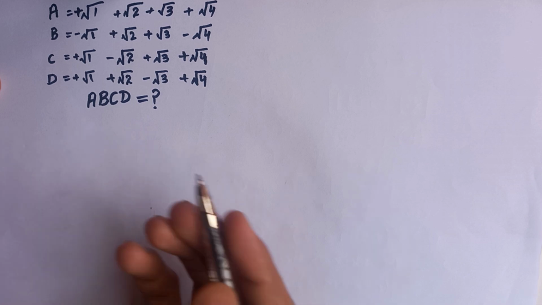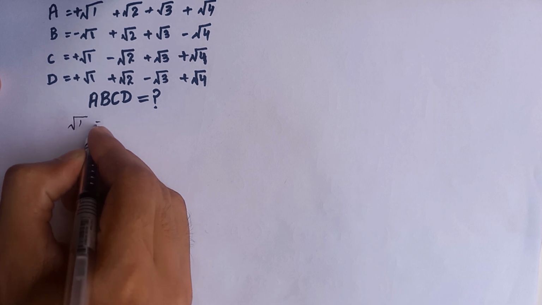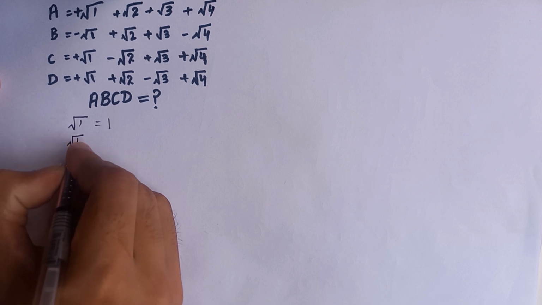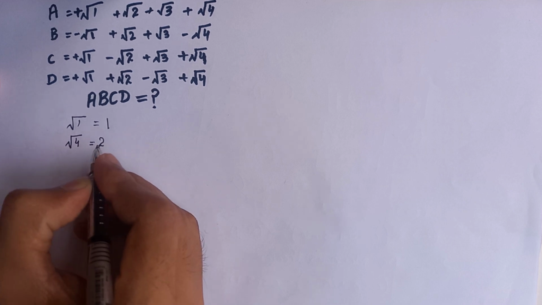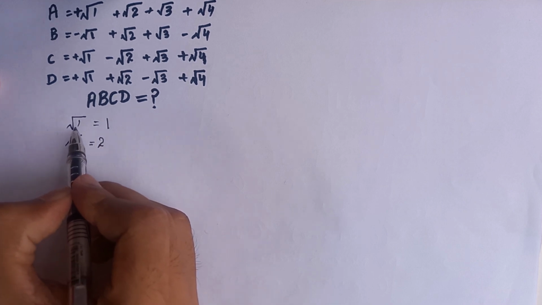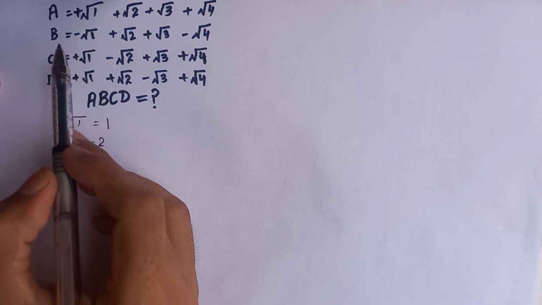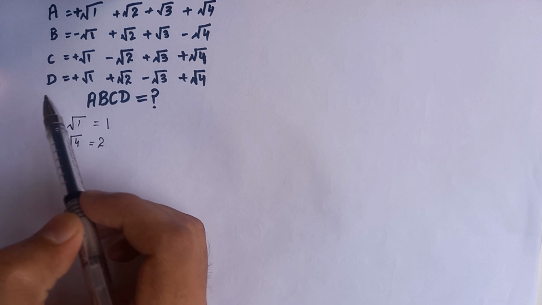Now just look, the root of 1 is equal to 1 and the root of 4 is equal to 2. So friends, we will put root 1 equal to 1 and root 4 equal to 2 in place of them in the values of a, b, c and d.